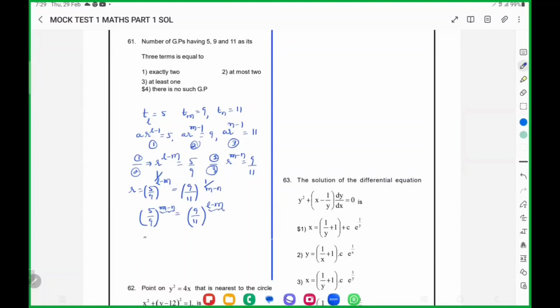So 9 power L minus M into 9 power M minus N is 5 power M into 11 power L.